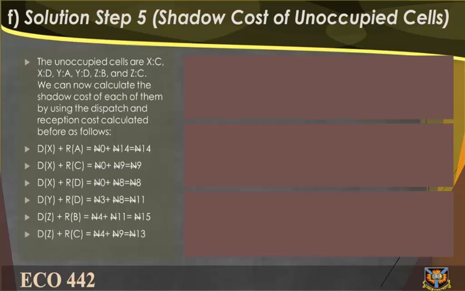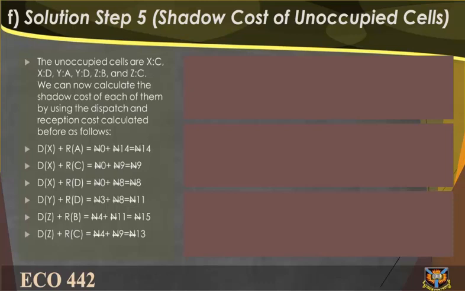D(X) plus R(A) equals 0 naira plus 14 naira equals 14 naira. D(X) plus R(C) equals 0 naira plus 9 naira equals 9 naira. D(X) plus R(D) equals 0 naira plus 8 naira equals 8 naira.